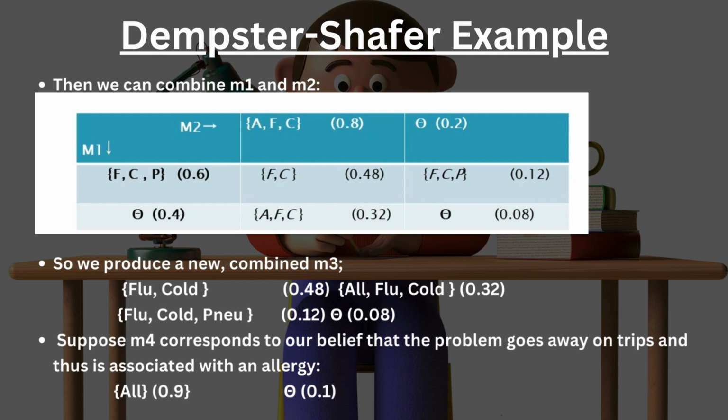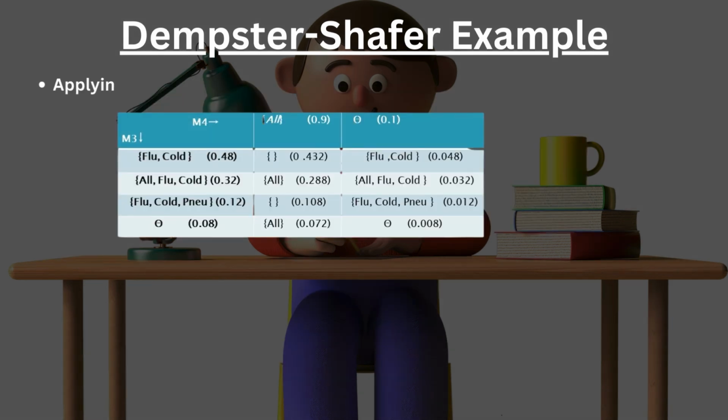Belief after observing that the problem goes away on trips is m4. After observing that the problem goes away on trips, the belief function m4 gives allergy a belief value of 0.9 and theta is equal to 0.1, and the addition of both is equal to 1. So, combining m3 and m4, as you can see in the table, we get m5.